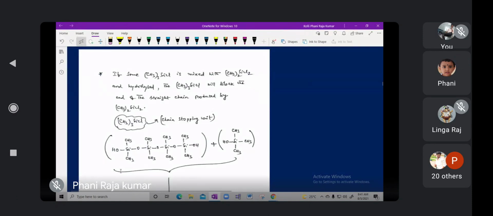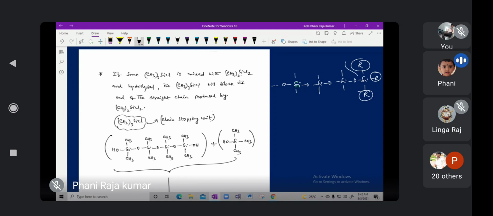Suppose you want to control the chain length. We have SiO units like this, but we have to control the chain length. To control it, at one end we need all 3 alkyls. Then polymerization stops there.